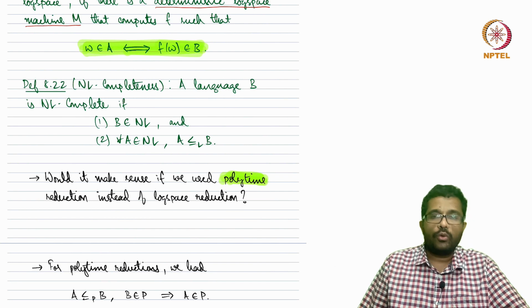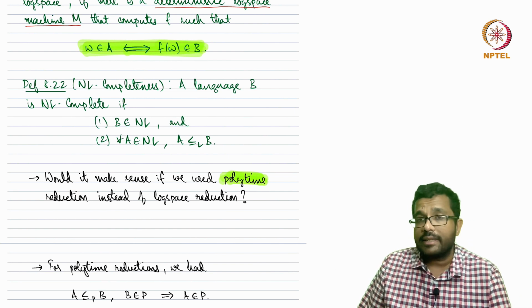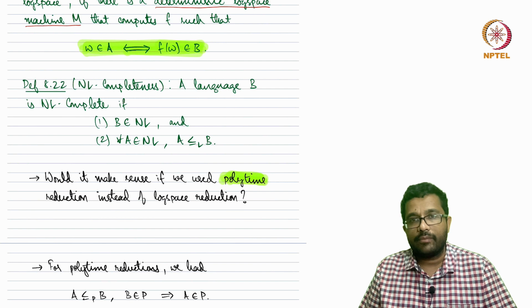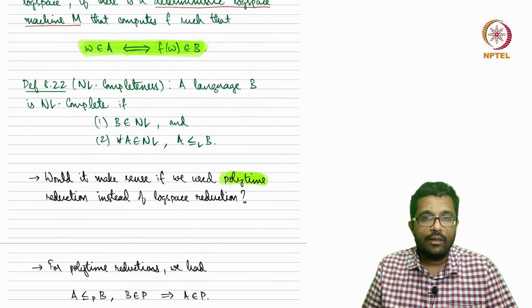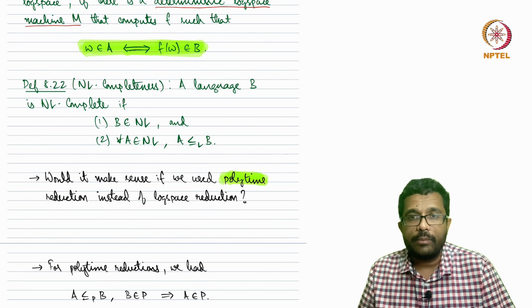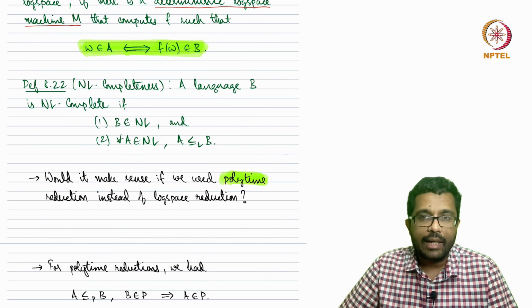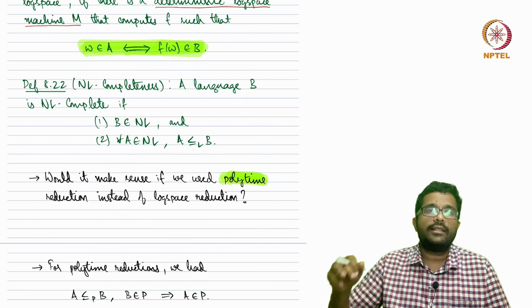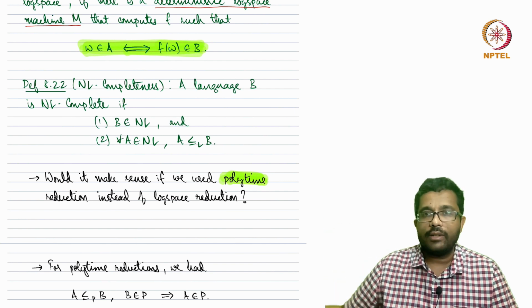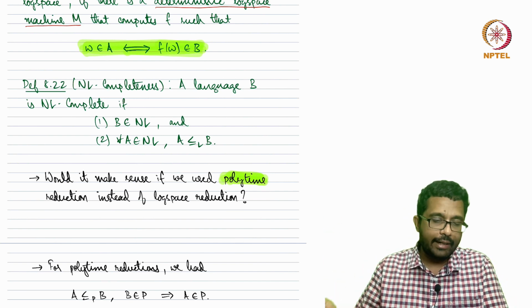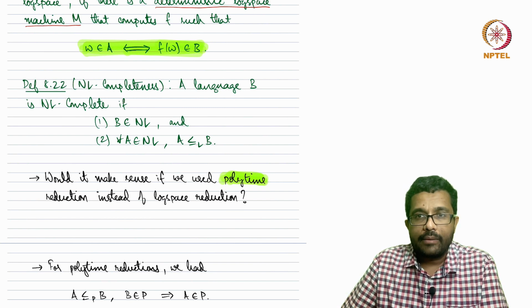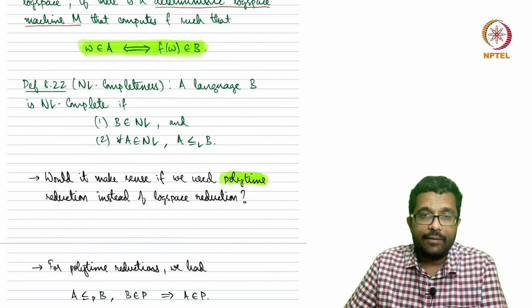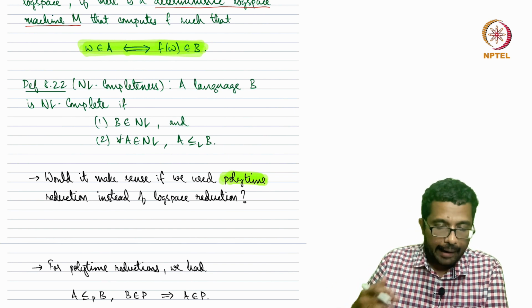And the answer is no, it will not make sense, because NL itself is contained in P. So if any language is in NL, and if we are allowed a polynomial time Turing machine, we can actually decide that language. The goal of reduction is to convert and then solve the other language. We want to convert A to B and then solve for B.